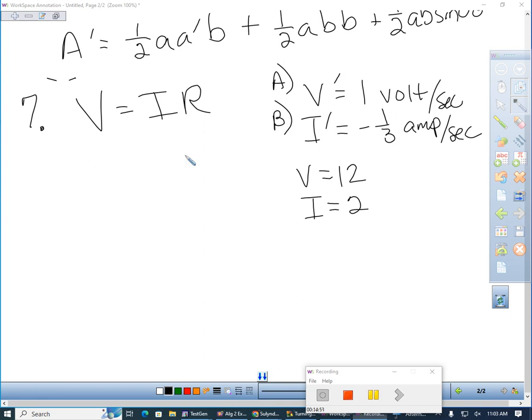Okay? So how do I get R by itself? Okay. So I have R equals I over V. No? How about V over I? Oh my goodness. It's one of those days. V over I. So what rule are we going to have to do here? The quotient rule. So we have R prime equals.